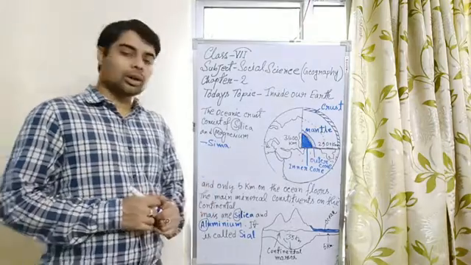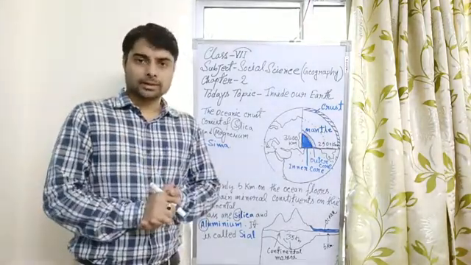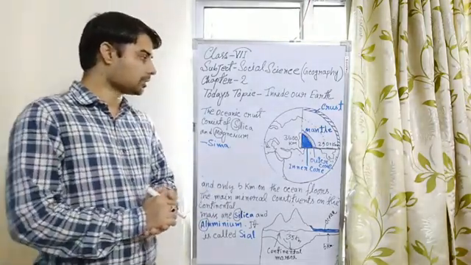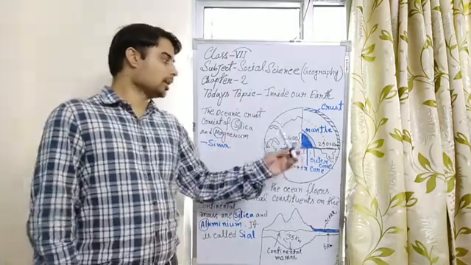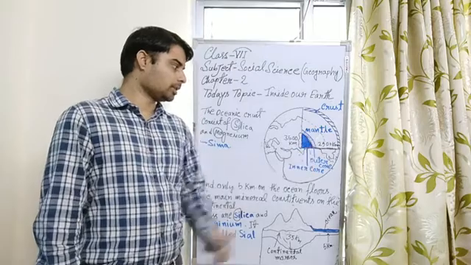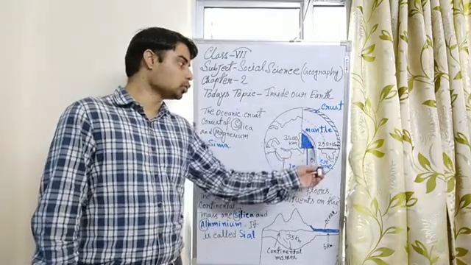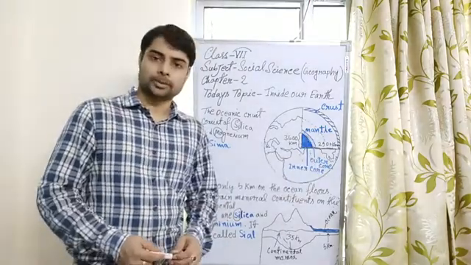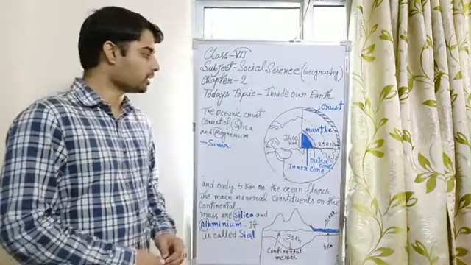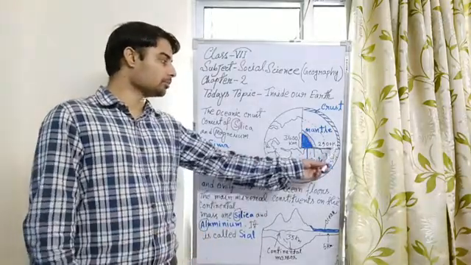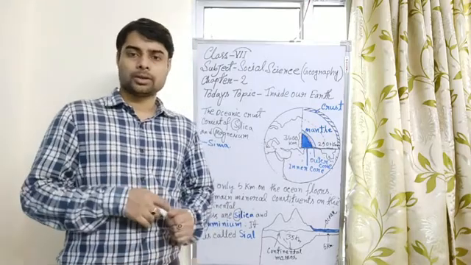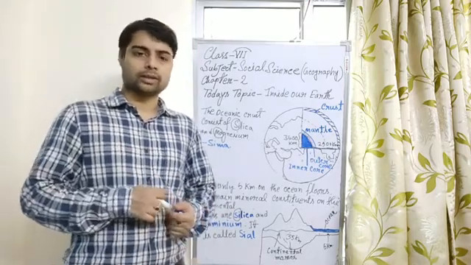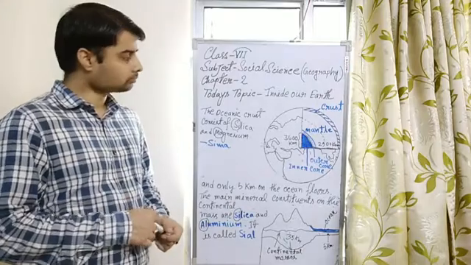Now, what is the mantle? The mantle is another layer, and its depth is 2,900 kilometer, spreading up to 2,900 kilometer inside the earth.